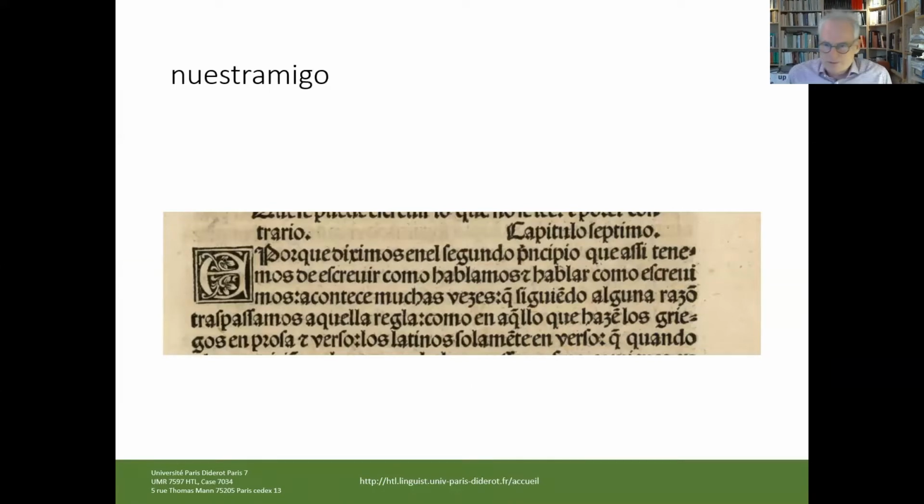So actually I'm also thinking about one specific problem, and this is discussed in one of the few titles we have in Spanish works with the title Reglas. This is a fragment of Antonio de Nebrija. He is, of course, very famous as a lexicographer. His dictionaries, Spanish, Latin, and Latin and Spanish. Of course, as a grammarian.